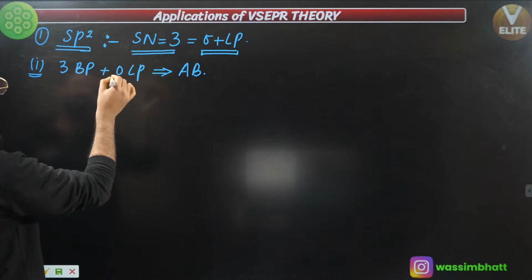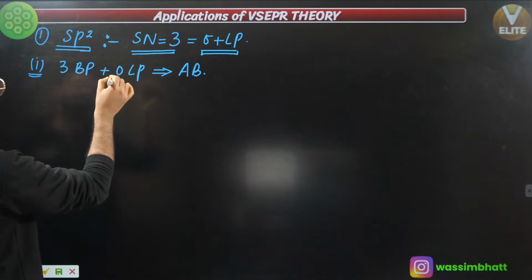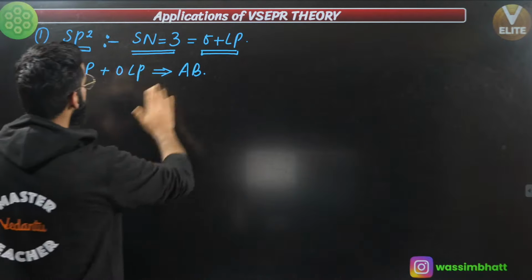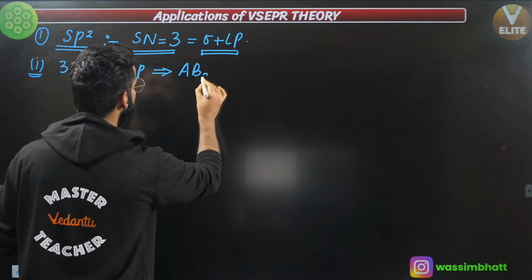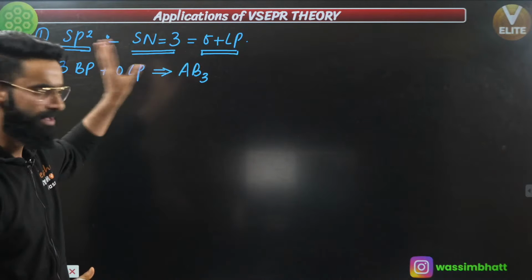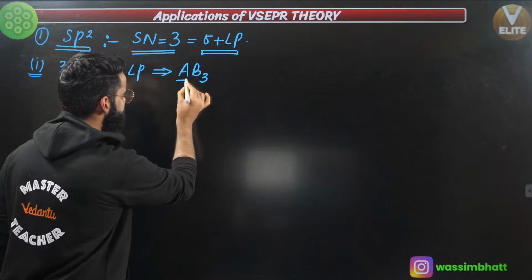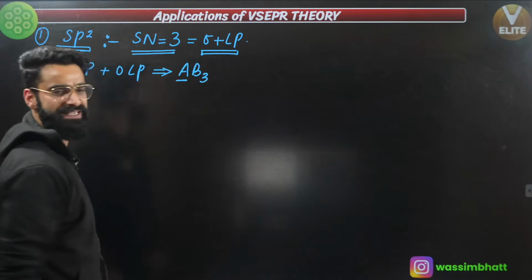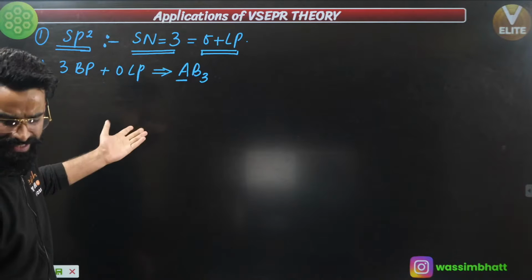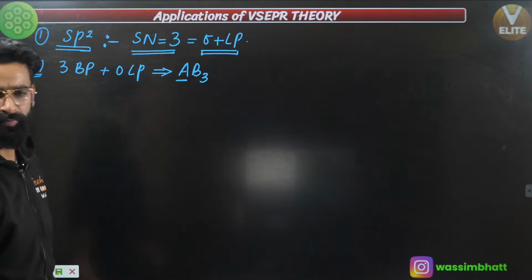Steric number is 3. I'm talking about the AB3 molecule, right? I'm assuming this A right here is the central atom and these B's right here are the terminal atoms. So I've got the molecule which has got 3 bond pairs, 0 lone pairs.